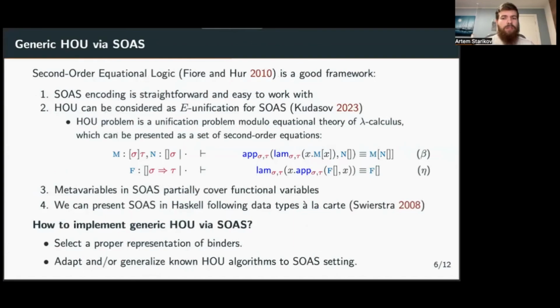Parameterized metavariables also partially cover functional metavariables. And finally, we know how to present second-order abstract syntax in Haskell and mix it with the data types à la carte approach. Now, to make things actually work, we need to select an appropriate representation of syntax binders and somehow adapt known higher-order unification algorithms to the second-order setting.